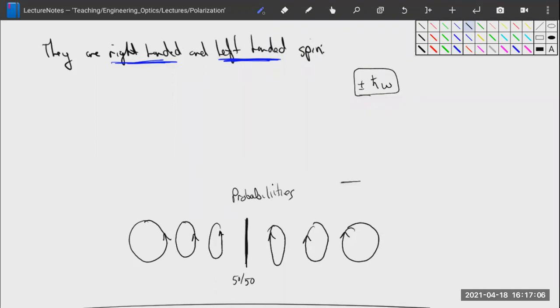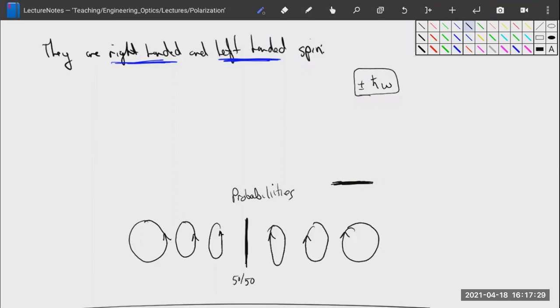What does horizontally polarized light look like? Well, that's just changing the phase lag between the right and left-handed polarization probabilities, right? If it's horizontal, it's going to have a certain phase lag between its right and left-handed spin, and if it's vertical, it has a different phase lag.